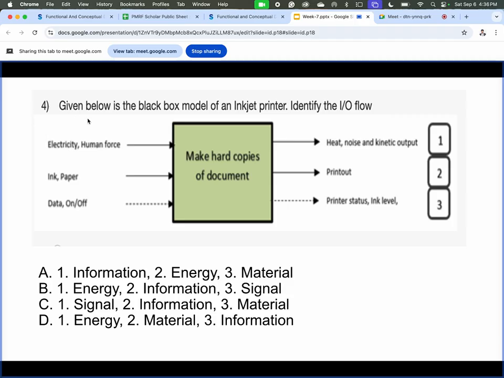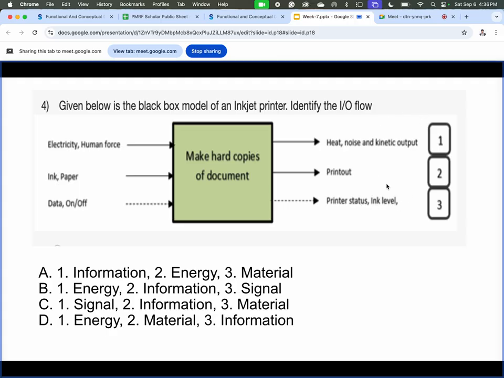Given below is the black box model of an inkjet printer. Identify the input and output flow. The options are electricity, human force, ink, paper, data. We are giving on or off, and make a hard copy of the document. So what does it produce? Heat, noise, and kinetic output. Printout, printer status, ink level.